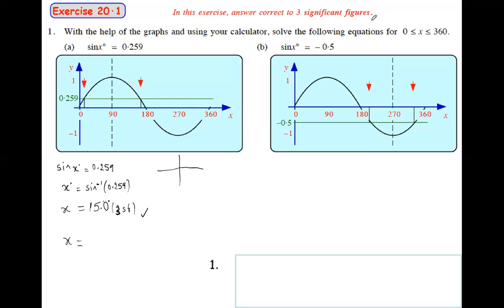But remember, like I just said, you could have someone marking you and noticing that you hadn't noticed this answer correct to 3 significant figures. And because you've put 2 significant figures, you've told whoever's marking you that you've decided to put the answer to 15.